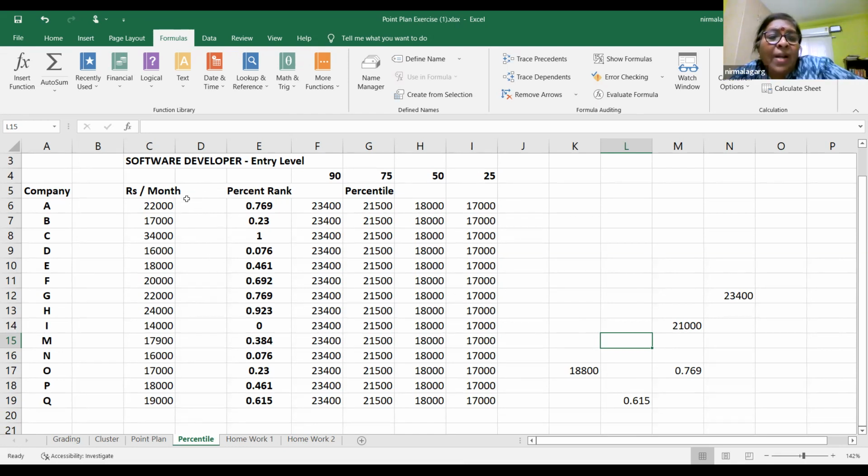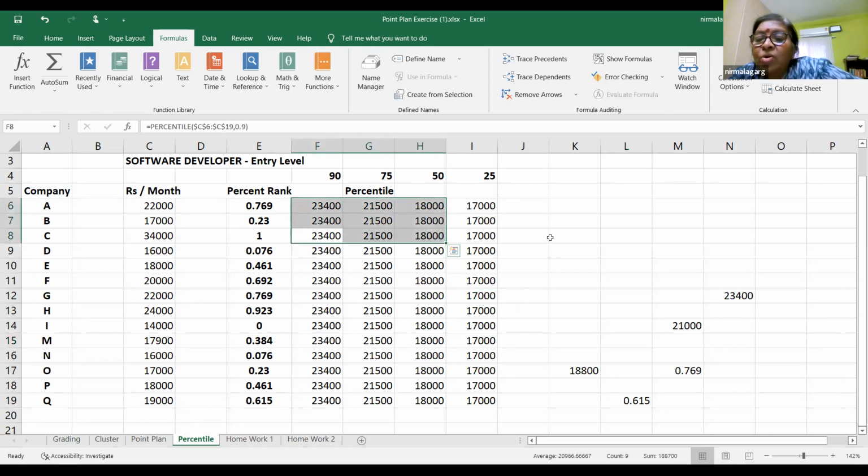So if I want to translate this data into quartiles, 25, 50, 75, I already did it for you. You know how to do it, no? When I say 25, it is 17,000; 50 is 18,000; 75 is 21,500. So these 4 quartiles you can do, right?